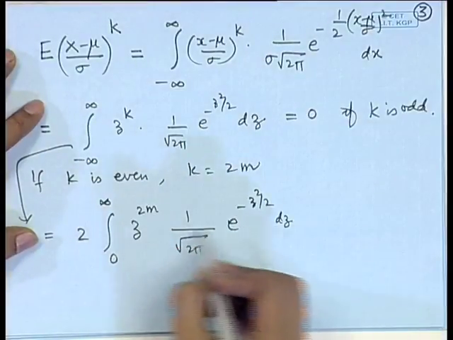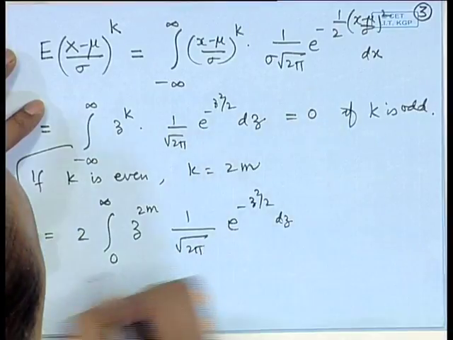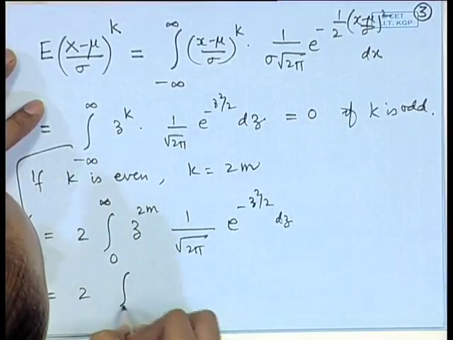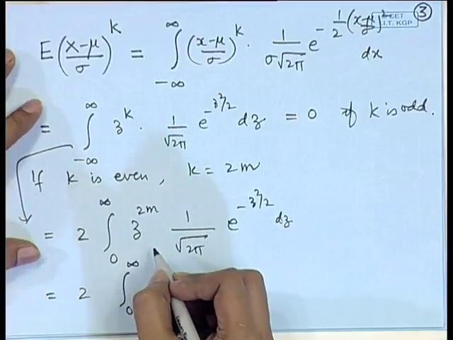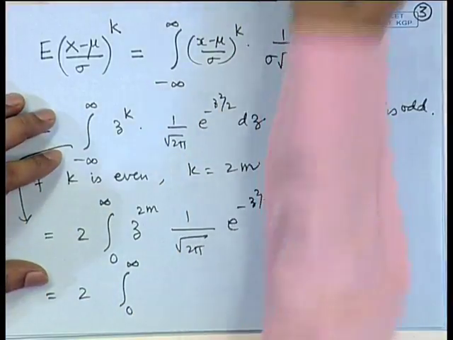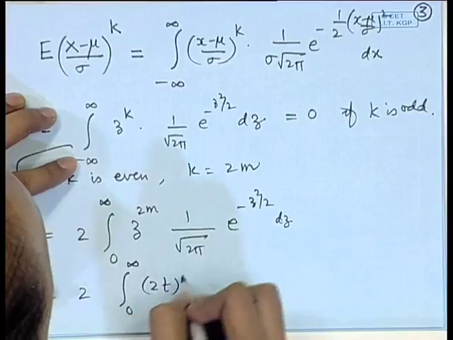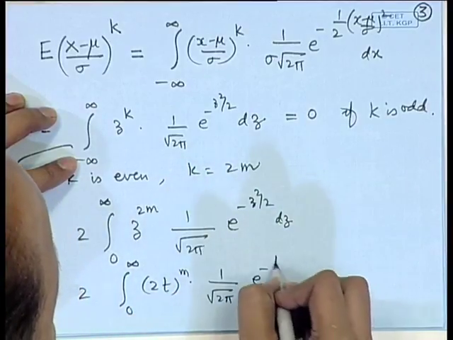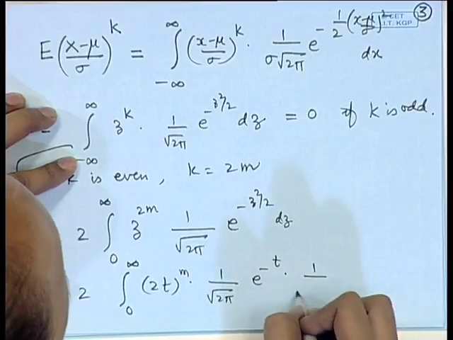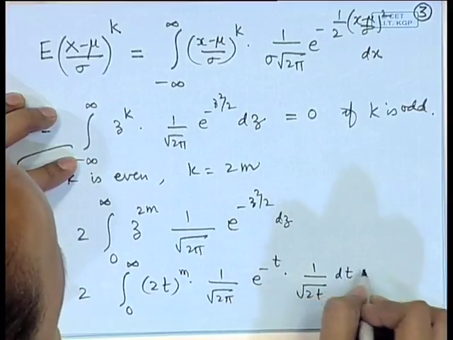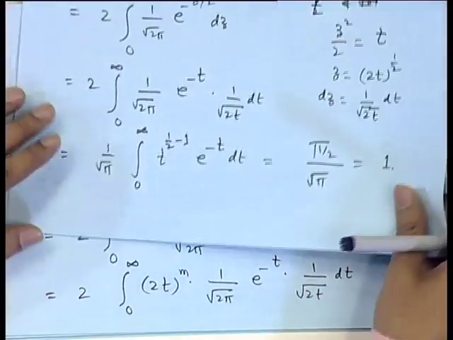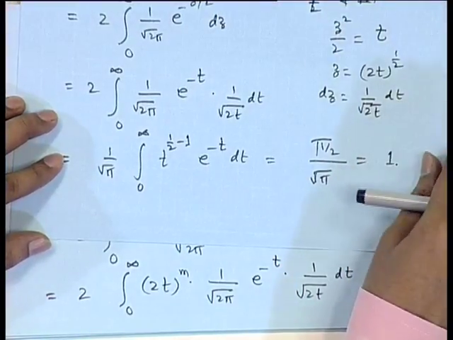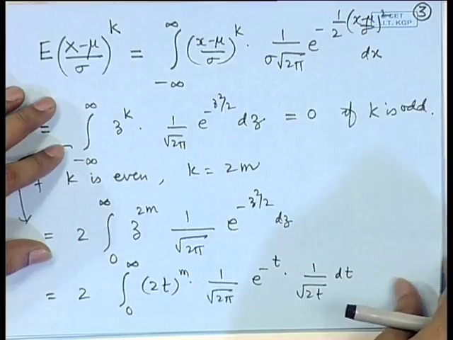If we make this transformation, then this quantity reduces to 2 times the integral from 0 to infinity. Now, z square is equal to 2t. So, this becomes (2t) to the power m times 1 by root 2 pi e to the power minus t times 1 by root 2t dt, by considering dz is equal to 1 by root 2t dt. So, we can simplify this.